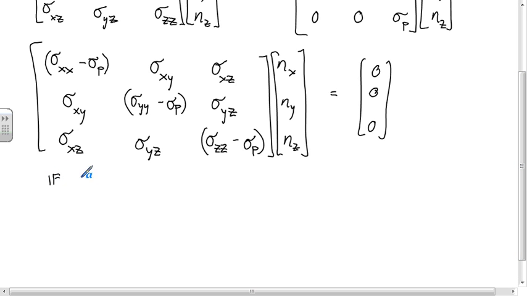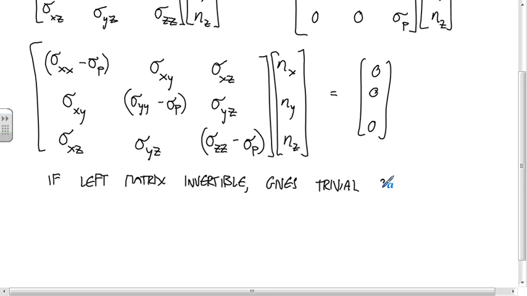If that left side matrix is invertible, it gives us the trivial solution. That one doesn't do us any good. So we have to require that the left side matrix is non-invertible.